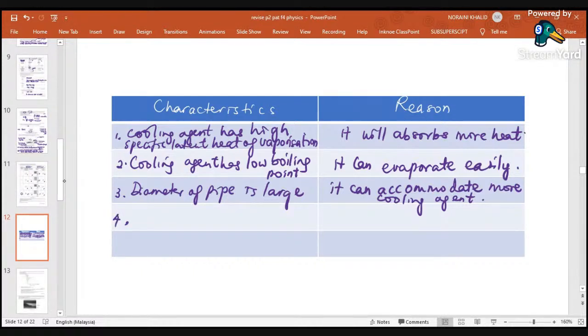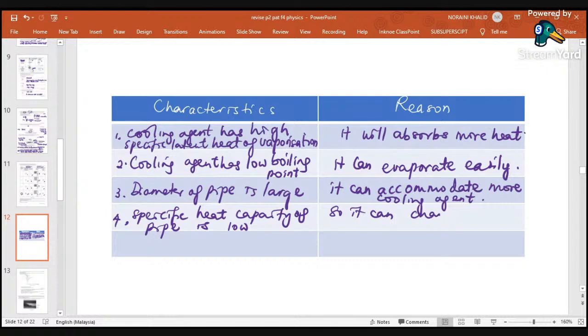Okay, and then the specific heat capacity of the pipe, the material of the pipe. So it can change temperature easily.